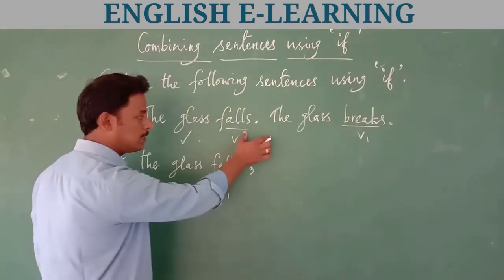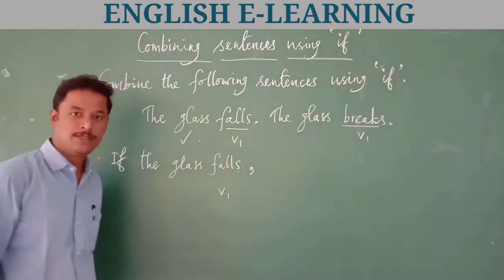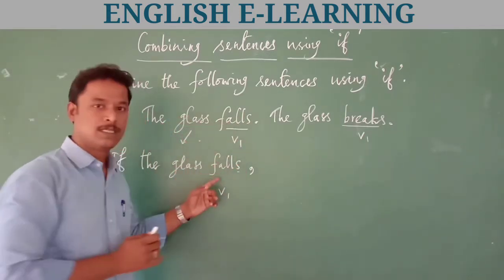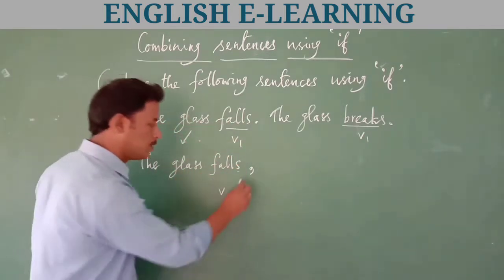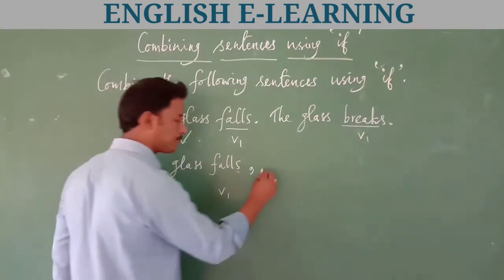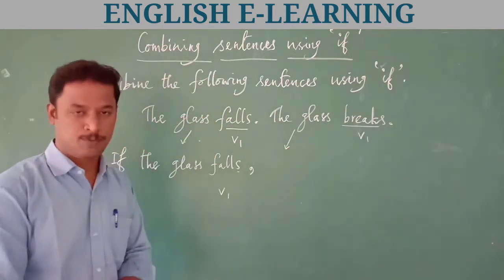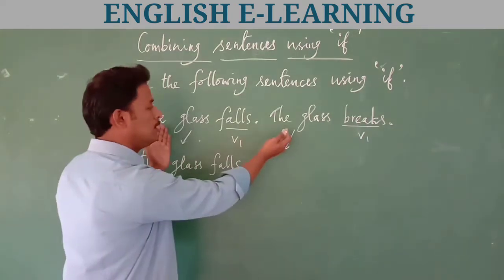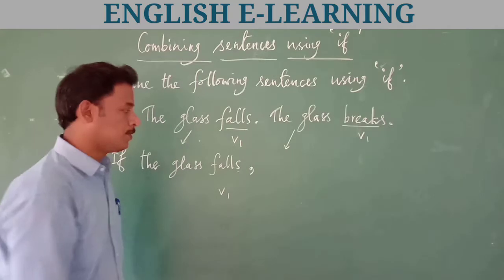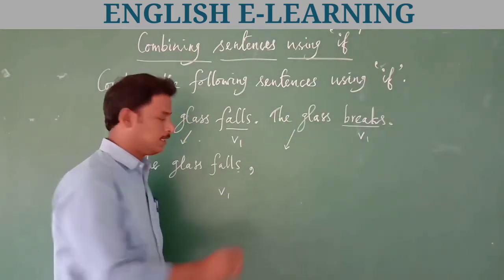The question has two sentences, that is why the full stop is given. But we are combining two sentences into a single sentence, so we have to apply the comma. If the glass falls, no need to add the same subject here because the subjects used are the same. Right. So, in order to avoid repeating the subject, we can use the pronoun.